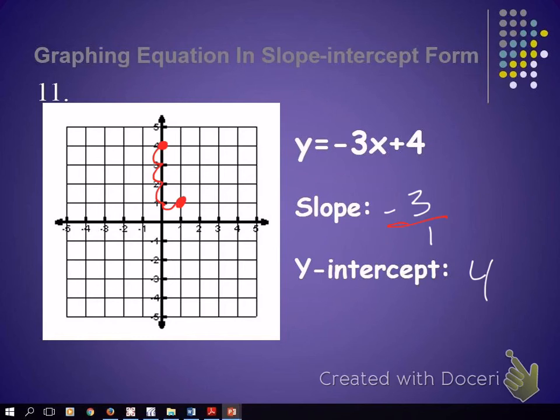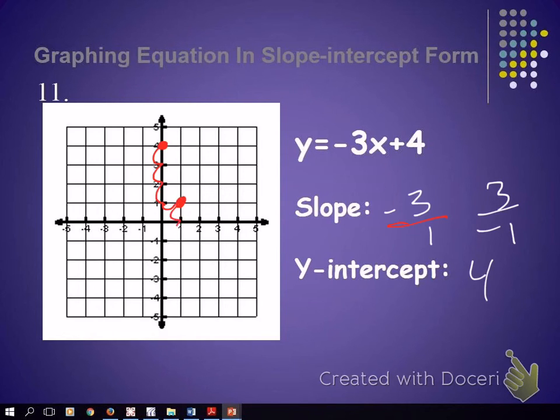We want to plot one more point. Negative 3 over 1 is the same thing as 3 over negative 1. So we could try to go up 3 and left 1 for our vertical and horizontal change, but that gets us off the grid. So I'm going to keep working with negative 3 over 1.